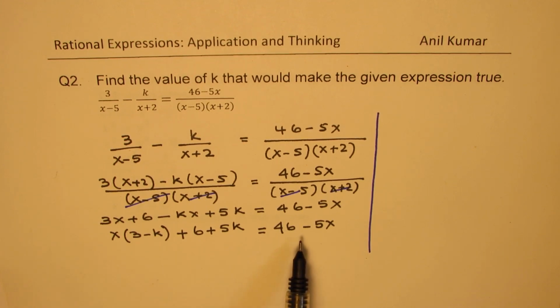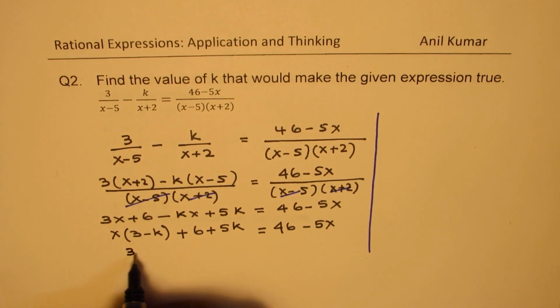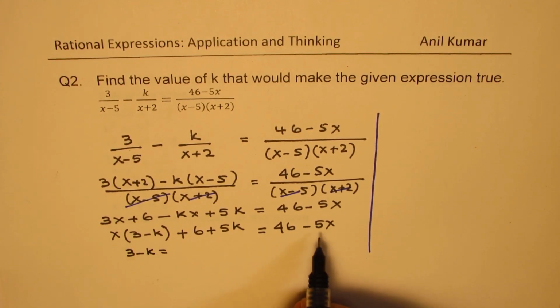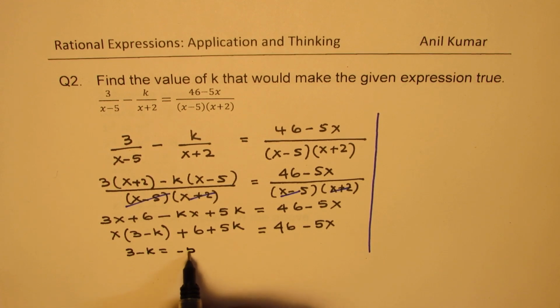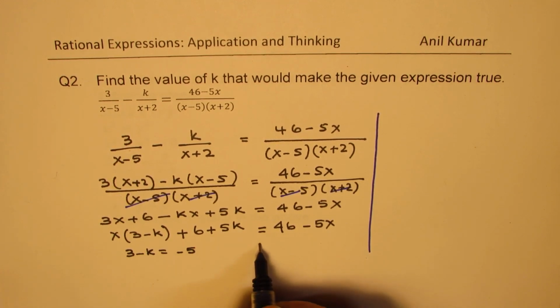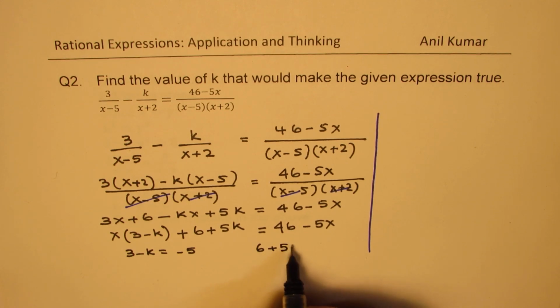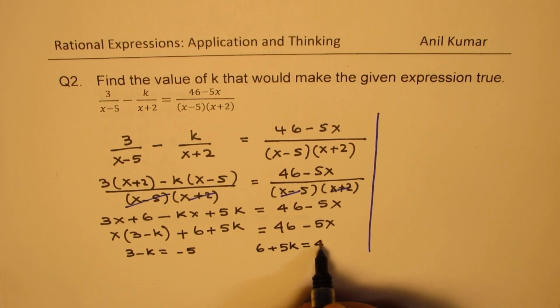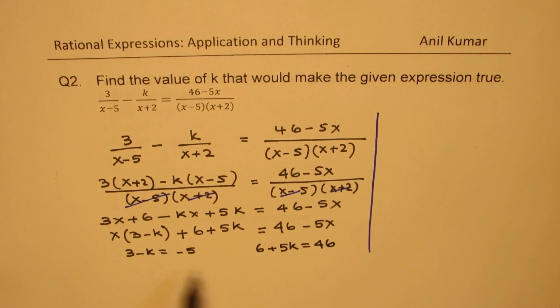From here, we see that we could have two equations. The coefficients of x can be equated. So we have 3 minus k should be equal to minus 5. And here the constants can be equated. So we have 6 plus 5k equals to 46. Correct? So that will give us possible values of k.